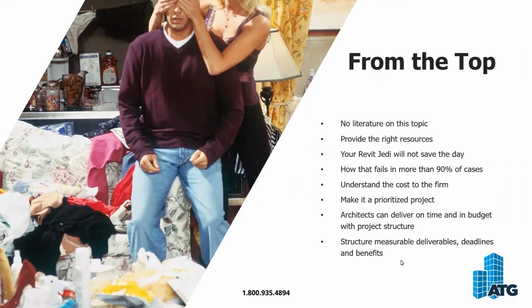When you structure that as leadership, you need to demand measurable deliverables on a deadline. You can have your team tell you what they think is possible with the help of software and with a measured approach over time, as a phased approach, and let them inform what that deliverable is. But it needs to be measurable.